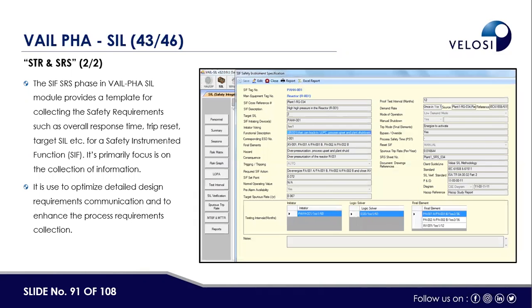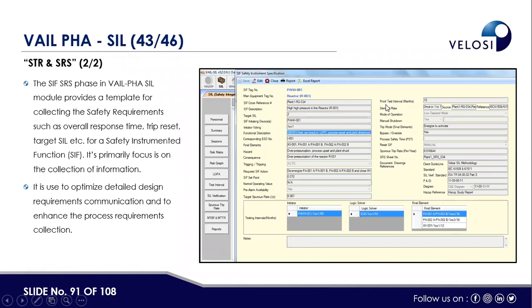This is the SRS, safety requirement specifications for a specific SIF. In our case, the high pressure SIF, all the information related to SIF tag number, equipment tag number, and then the description, target SIL, SIF initiating devices, initiating voting, what is the voting, and then all this information will be in this safety requirement specifications.